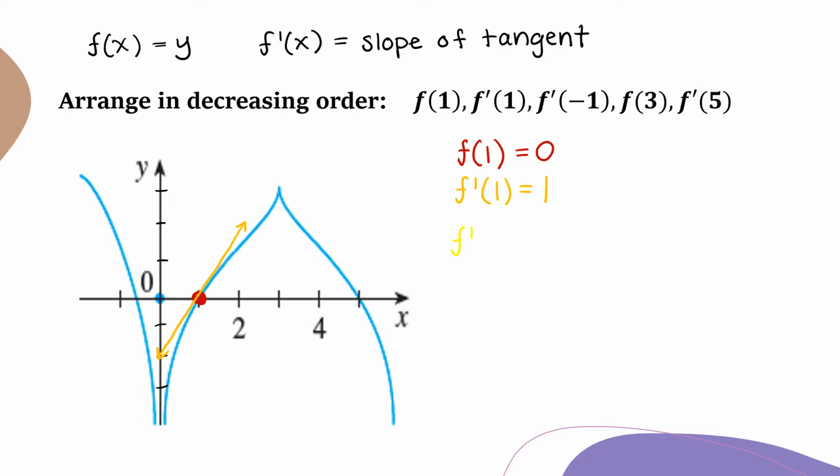Then we need f prime of negative 1, which I'll actually use green for, so that's a little easier to see. So f prime of negative 1, that'll be the slope at negative 1. So that'll be the slope here.